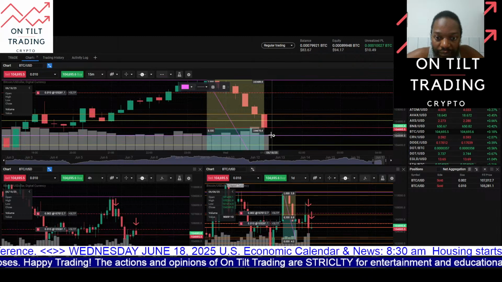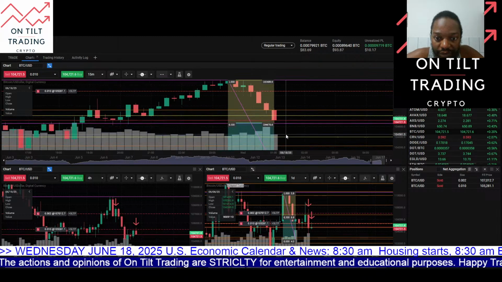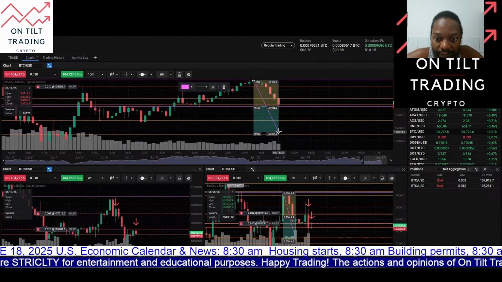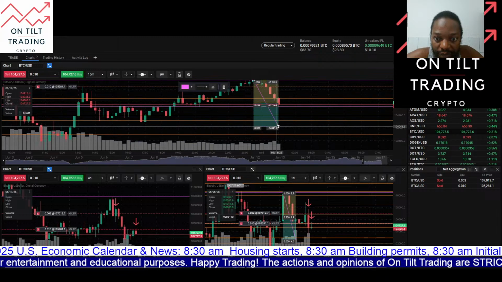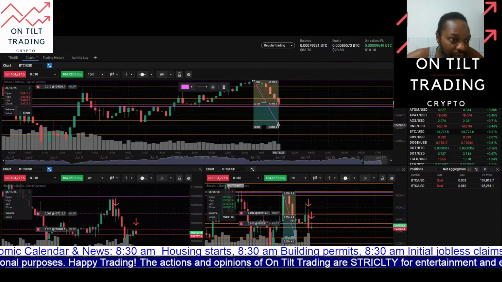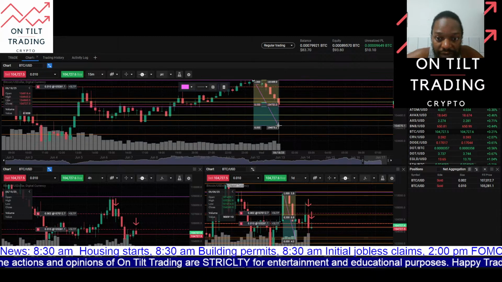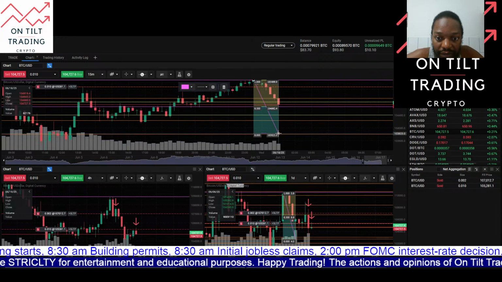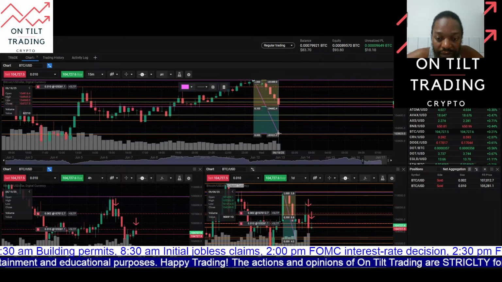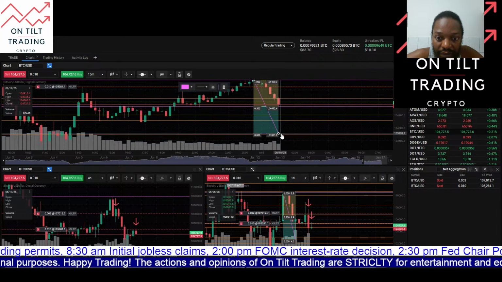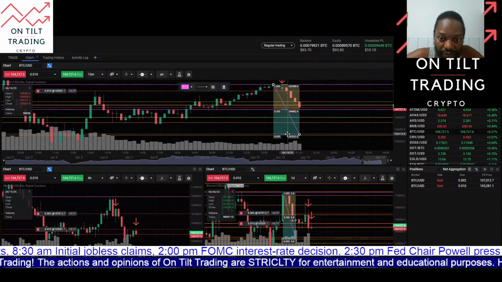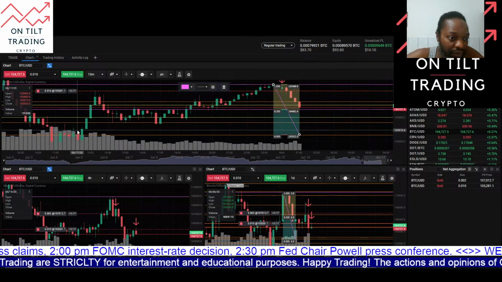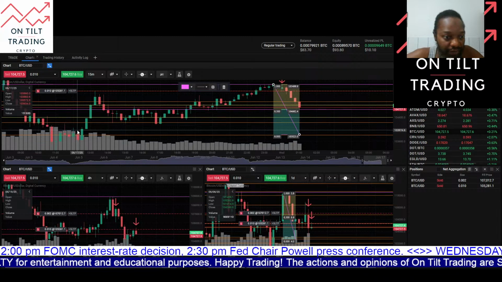And so I was anticipating further displacement in order to reach into these liquidity pools that are a bit lower here. So 104,660. So right now I'm going to target liquidity at this 103,572 level.